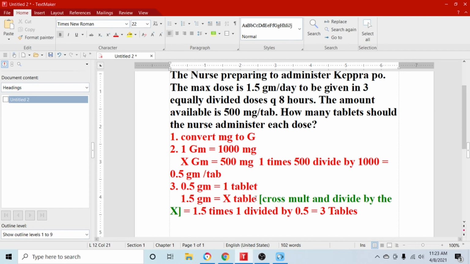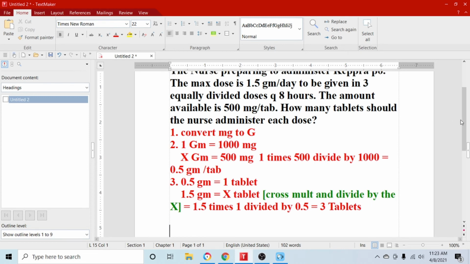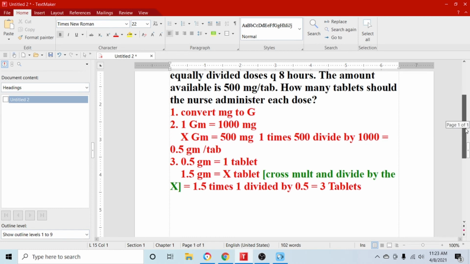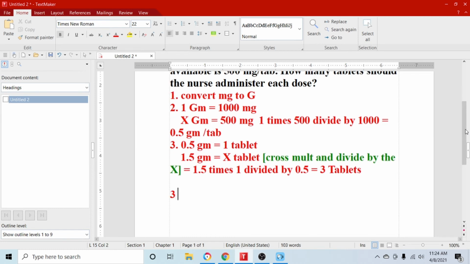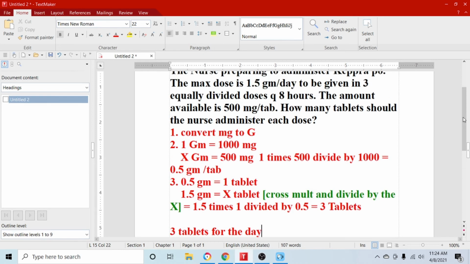Okay, now we have to be very careful here because I keep writing tables when I mean to write tablets. This is the point I'm trying to make, we have to give 3 tablets for the day. Now remember, the question is in 3 divided doses, right?